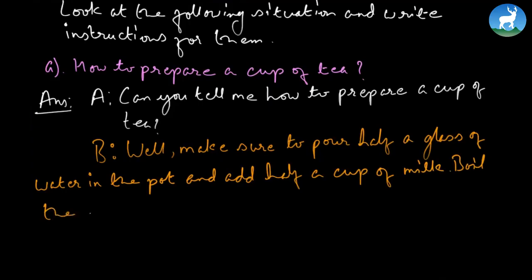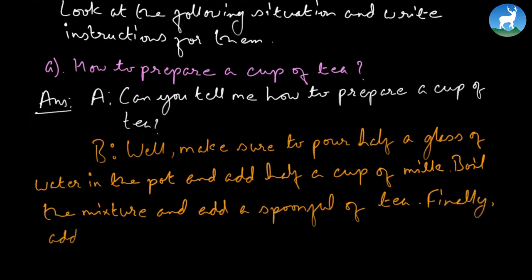Boil the mixture and add a spoonful of tea. Finally, add sugar as per your preference, because some of you might like it very sweet, some of you might like just a touch of sugar.